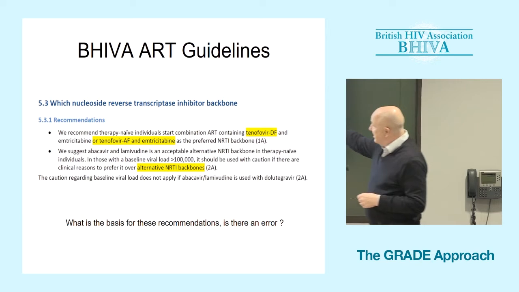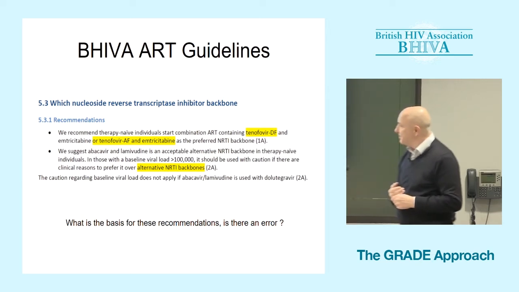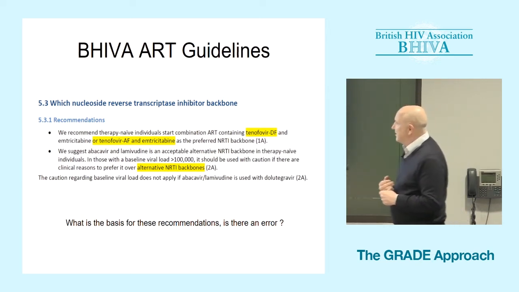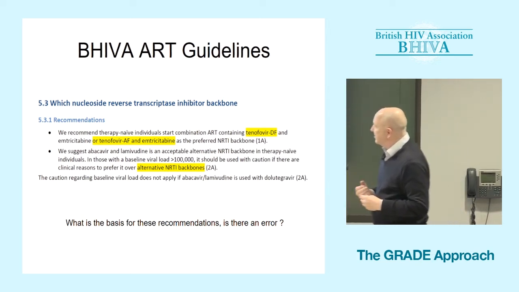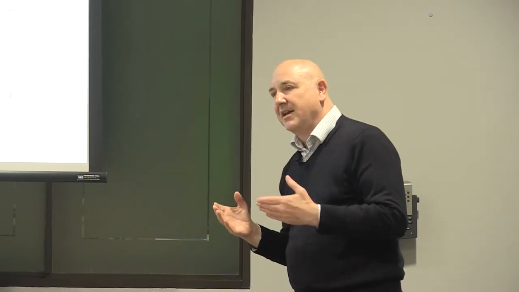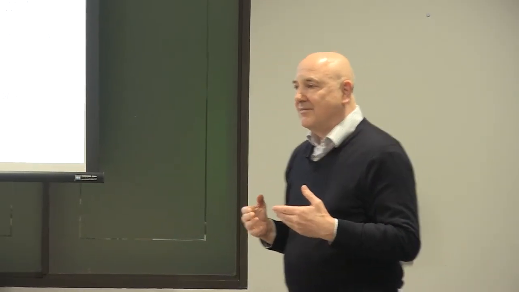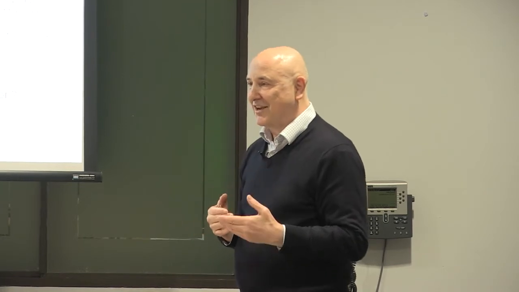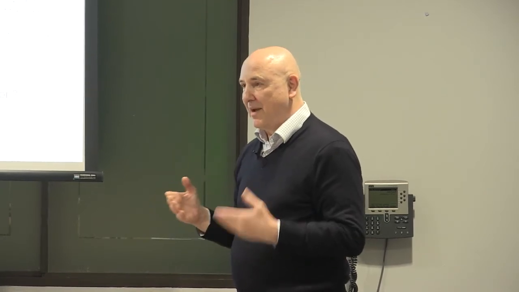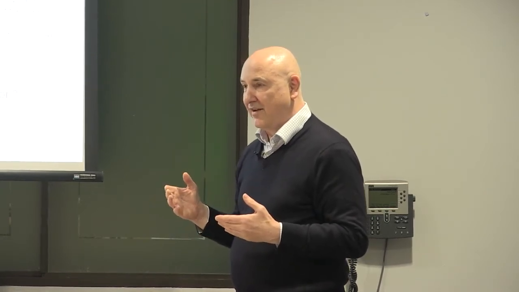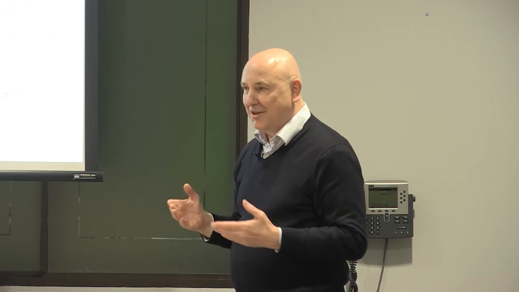So it would suggest there's good quality evidence, but it's a 2A. We then go on to add this particular thing, that the caution regarding baseline viral load does not apply if abacavir is used with dolutegravir, 2A. So are we saying in there that we suggest that abacavir 3TC and dolutegravir is not a good combination?